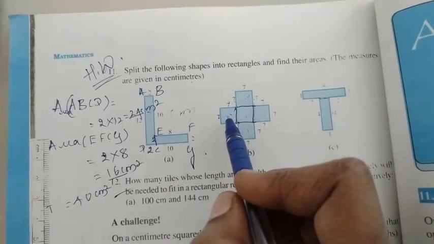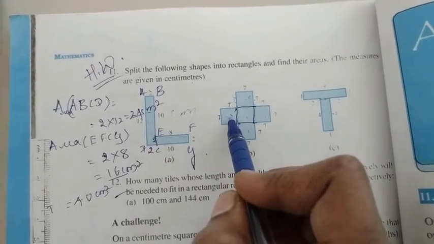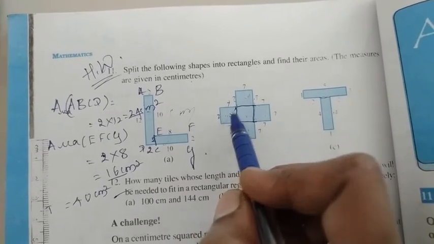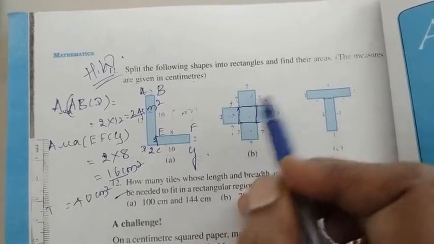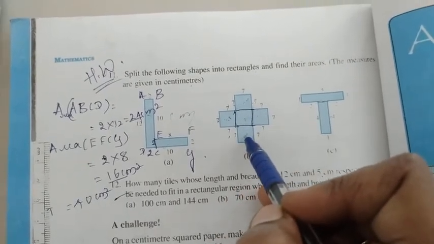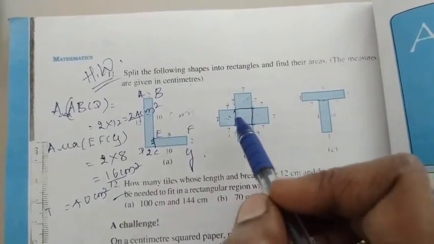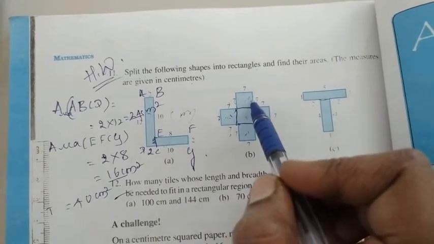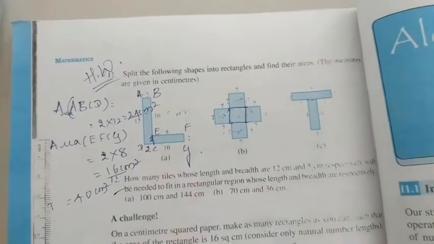So first find the area of one square. After that you have to multiply by 5, because there are 5 squares. So lastly you get the total area of this whole figure.